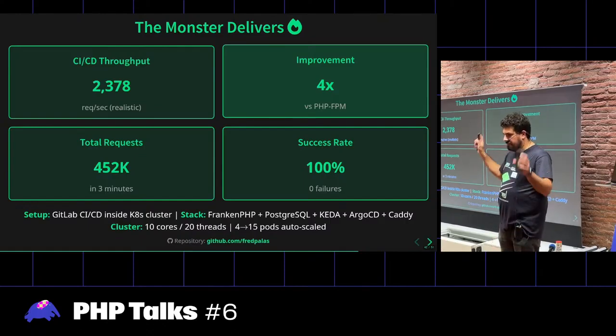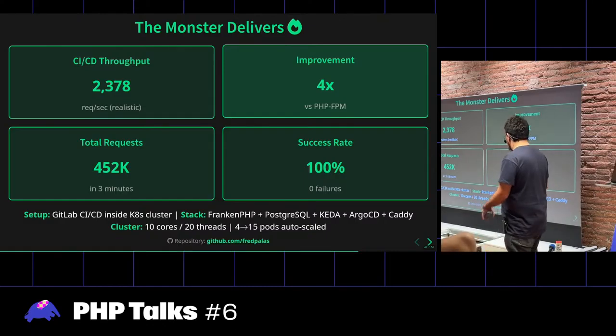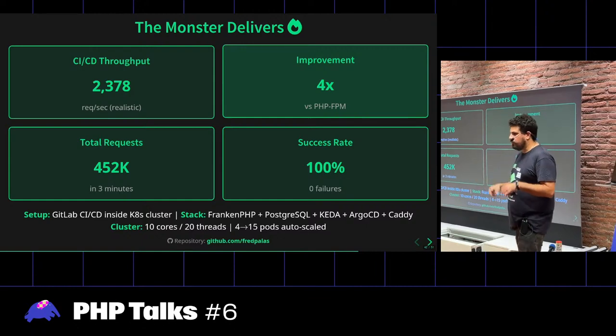I am a fan of GitLab, and I have the runner inside my cluster. I have the stack: FrankenPHP, Postgres, K6, Argo CD, and Caddy. The cluster is 10 cores, 20 threads, divided in 2 machines. One is 4 cores and the other is 6. They are AMD Ryzen 5 5500G and 5600G.